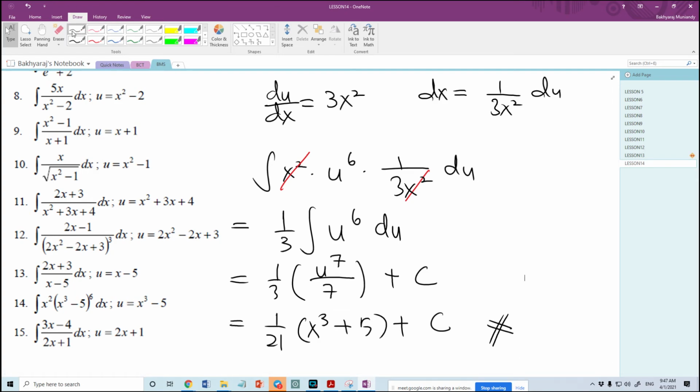Oh, yeah. Ini pun saya salah lah. Actually supposed to be minus 5, right? Thank you for the correction. Betul. Ini minus 5 power of 7. Thank you for the correction. Thank you. Okay, x power of 3 minus 5 power of 7 plus c.